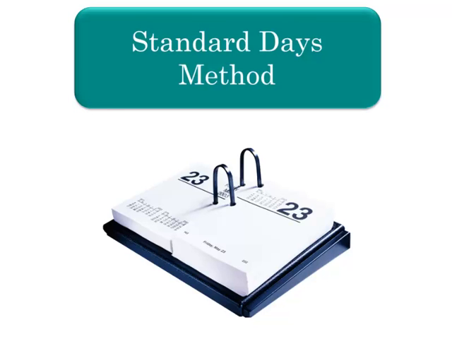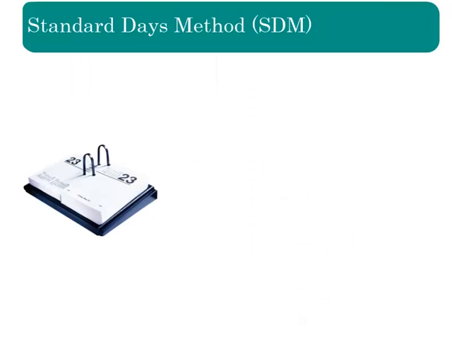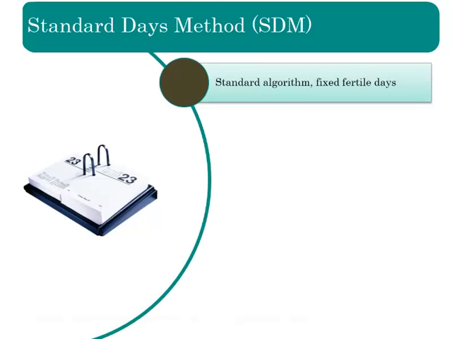Now, let's discuss a modern, reliable calendar FABM that has been tested in clinical trials. The Standard Days Method, or SDM, is a simple FABM that uses a standard algorithm to determine the possible fertile days in women with regular cycles. The SDM always identifies the same fertile days for every woman.